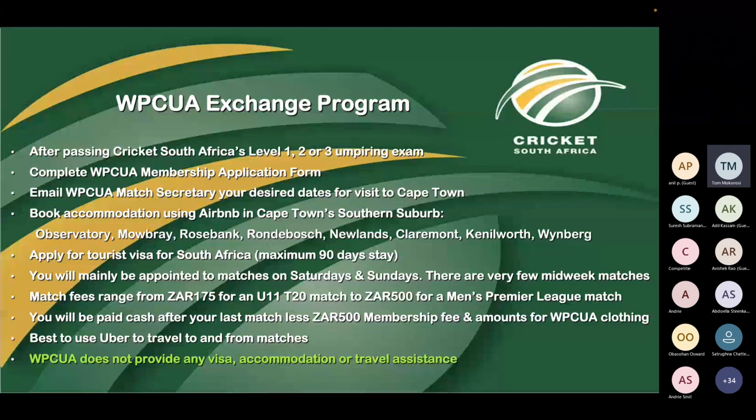So say you stand in 2 of those matches, you've earned 900 rands worth of match fees. The first 500 rands of that goes to your membership fees, and then 250 rands goes to your standing shirt, and then 150 rands goes to your floppy hat that has Western Province Cricket Umpires Association branding.